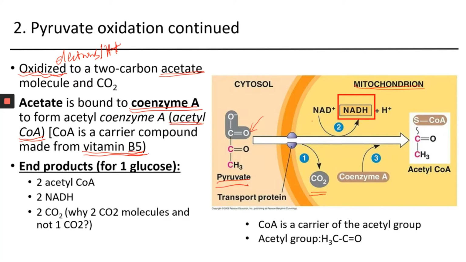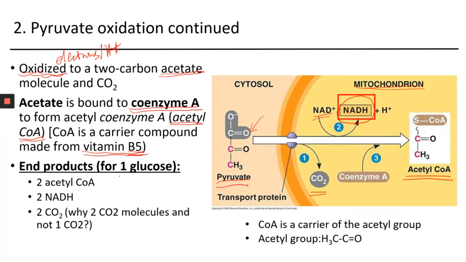You have NAD starting as the reactant, and then in the end you have NADH. So that's the other product produced at the end of this chemical reaction. And then the third is this acetyl-CoA. So that's the three things coming out of the pyruvate oxidation pathway.